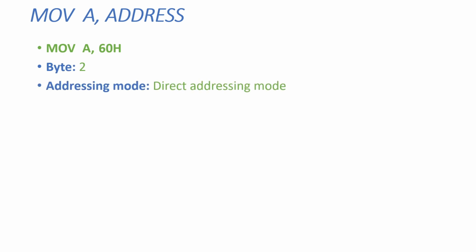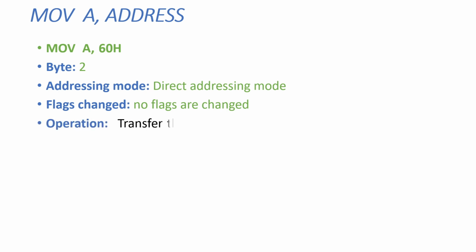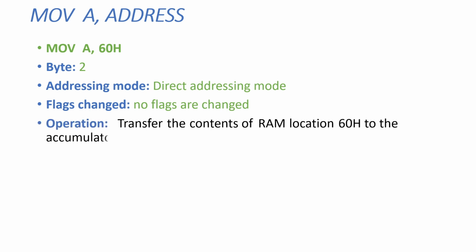See the next instruction, MOV A, address. See the example, MOV A, 60h. Here 2 bytes are required. The addressing mode is direct addressing mode because here the address is given. Now the flags change: no flags are changed. Now the operation. By using this instruction, the contents of RAM location 60h are transferred to the accumulator.